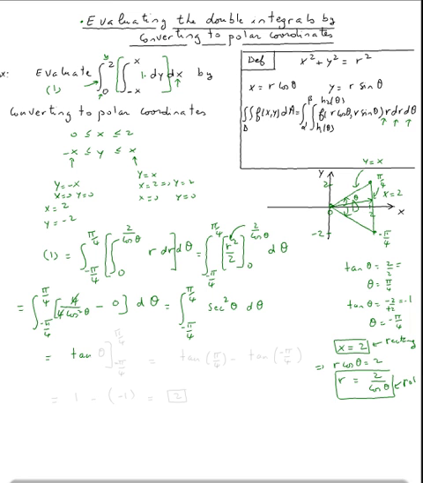So this would be tangent of theta from negative pi over 4 to pi over 4, which means tangent of pi over 4 minus tangent of negative pi over 4. This is a good problem. Tangent of pi over 4 is 1, minus tangent of negative pi over 4, which is negative 1, which is equal to 2. And that's it for this example.